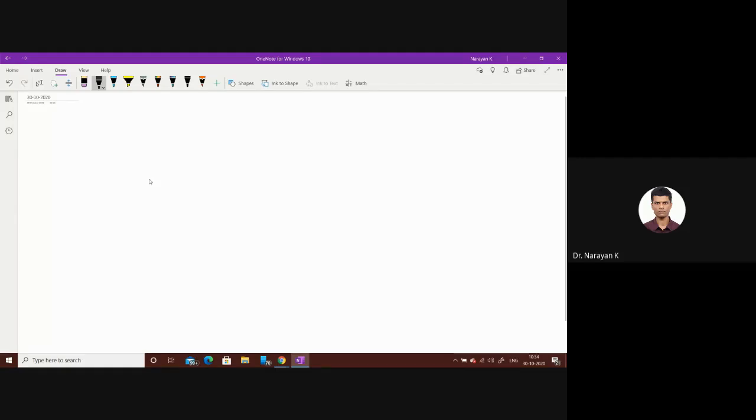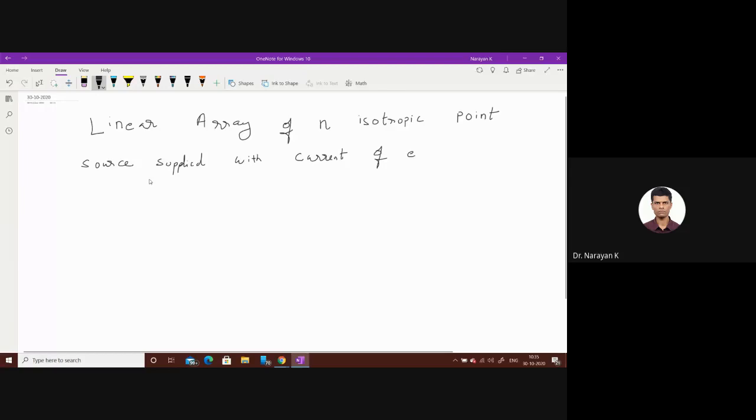We will be doing linear array of n isotropic point sources supplied with currents of equal amplitude, phase, and spacing.